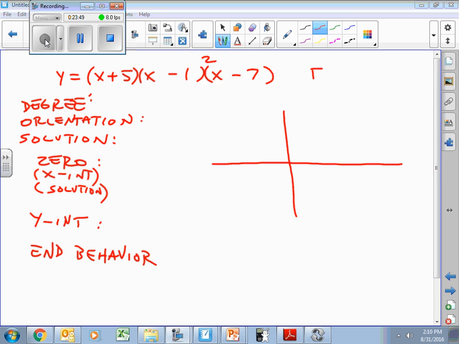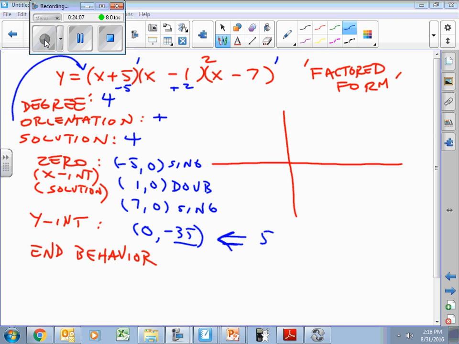One other thing I want you to write down: factored form. Anybody know what word to think of when you hear the word factor? Five raised to the 1 power, so that you don't have to do anything to it, times this negative 1 raised to the 2 power, and then lastly that negative 7 raised to the 1 power.